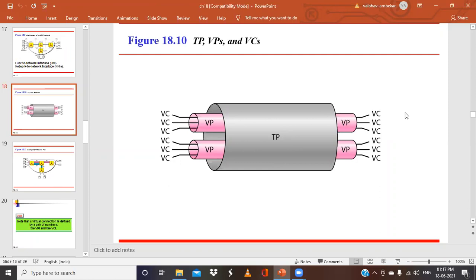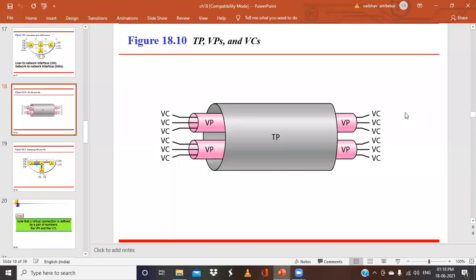The set of all highways that connect two cities, we can consider as the transmission path. Suppose we want to connect from Belgaum to Hubli. There are different routes available. I can go via Belgaum, Kittur, Dharwad, and reach Hubli. I can take another route, reaching Hubli via Haliyal, Dharwad, and then Hubli, and so on.